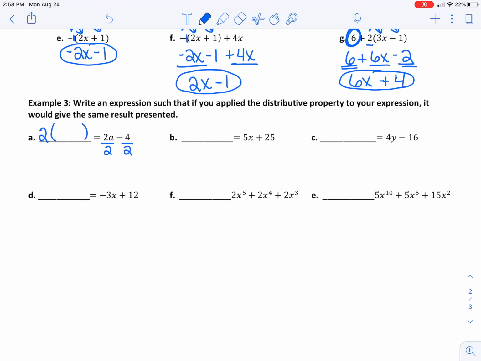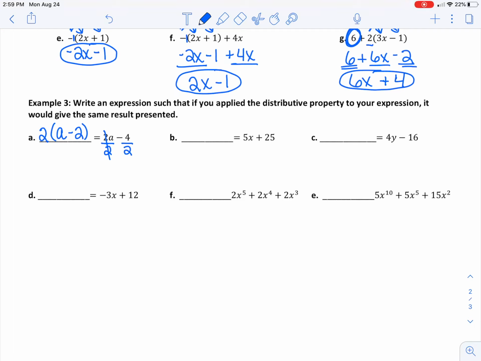Okay, we're going to stick the 2 outside the parentheses because that's what we're dividing by. And then we say, well, 2a divided by 2, those 2's just cancel out and we're left with 1a or just a. And then we have -4 divided by 2, which is going to give me -2. Okay, that's all I have to do.